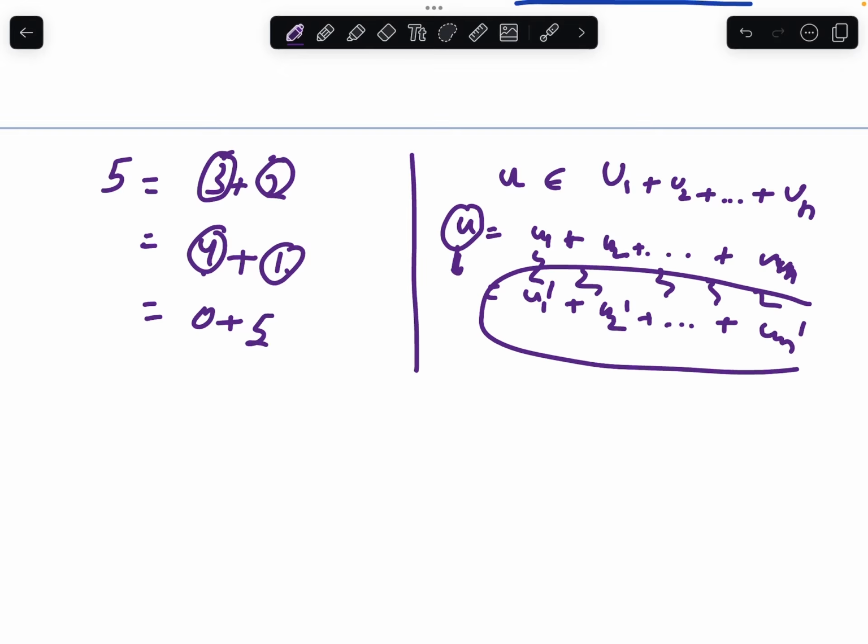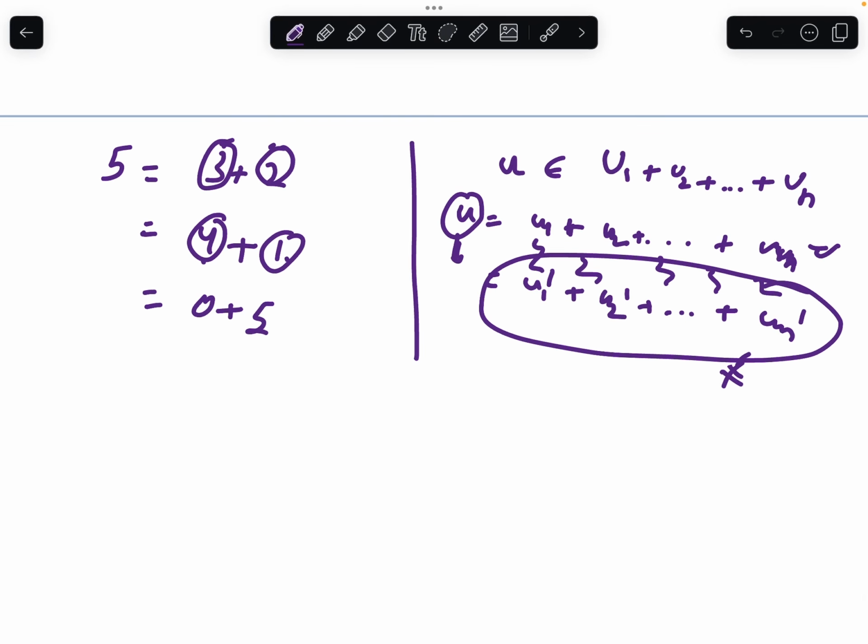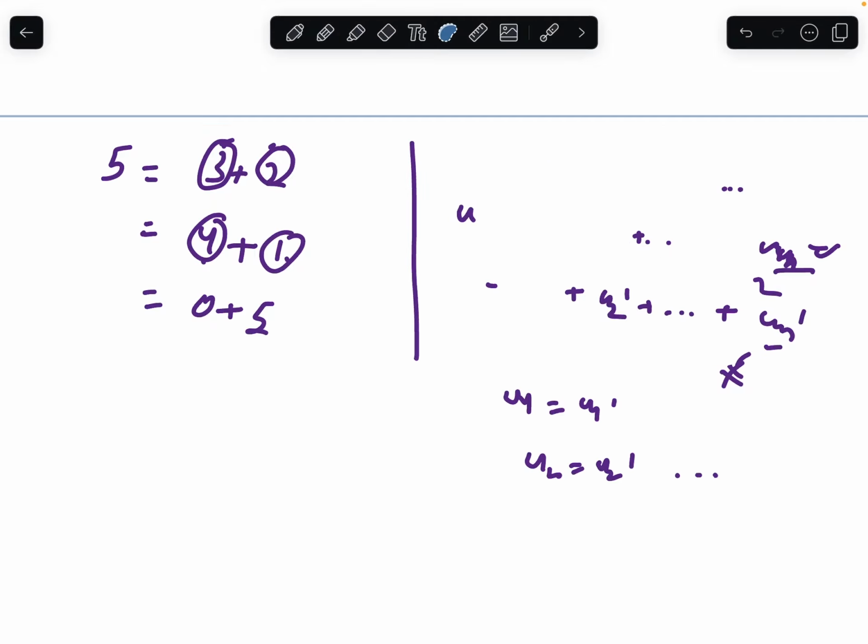That is, only one is valid. You can't write this. So if you write this in such different situations, what follows is that u1 equals u1 prime, u2 equals u2 prime, and un equals un prime. So based on this, we get a new definition. Let's take note of that.